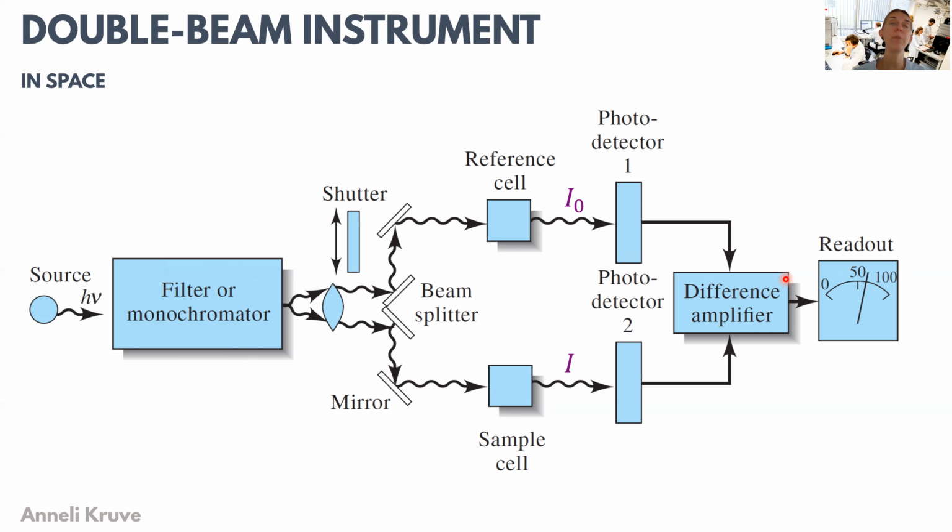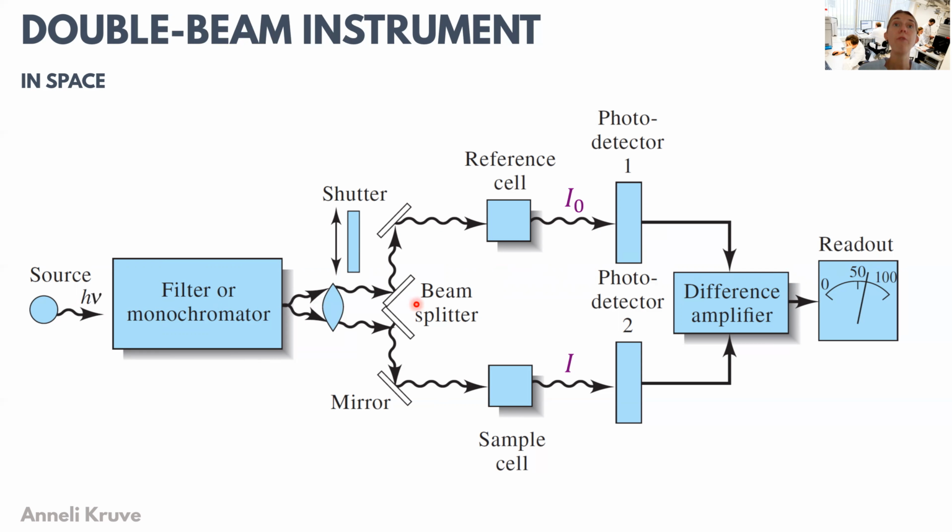A more sophisticated possibility is to measure the I and I0 with a double beam instrument. And there are two possibilities, the so-called in space and in time version. And let's view the in space first. What happens in the in space is that we have again one light source and a filter or a monochromator, most often actually monochromator with double beam instruments.